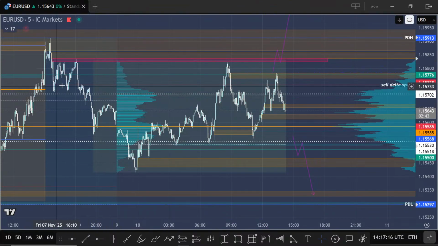There were some big sells in here as well. Some big sells in there, and they haven't been broken.